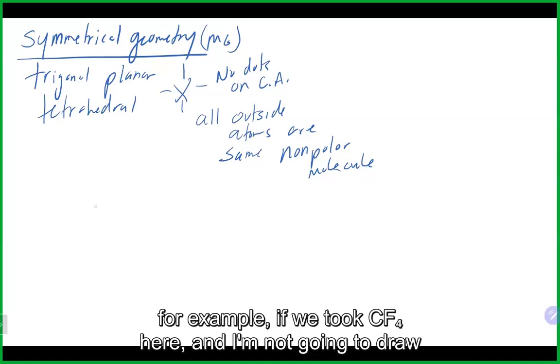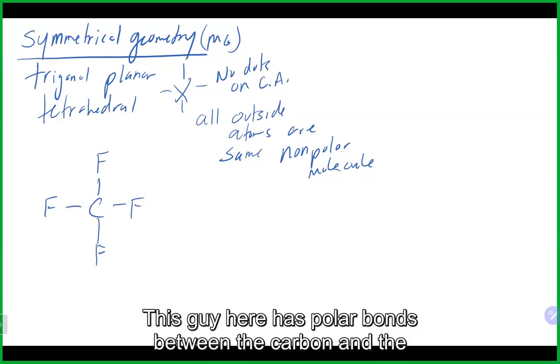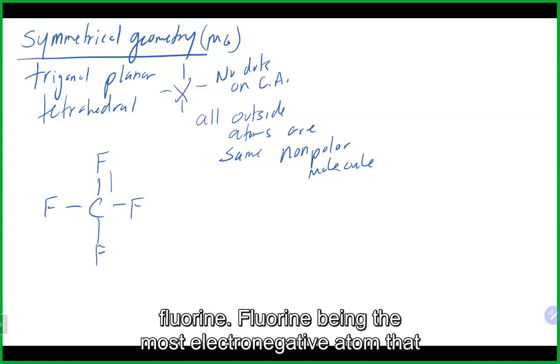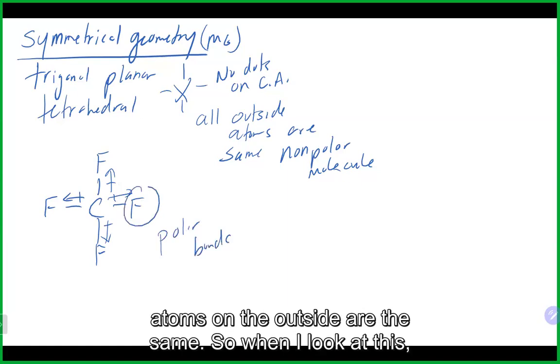So for example, if we took CF4 here, and I'm not going to draw the electrons on the fluorine, this guy has polar bonds between the carbon and the fluorine, fluorine being the most electronegative atom that there is. And so it does have polar bonds, but all of the atoms on the outside are the same.